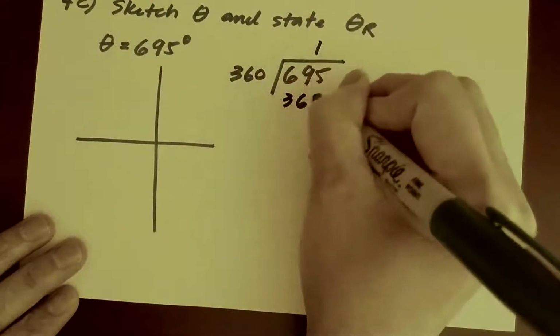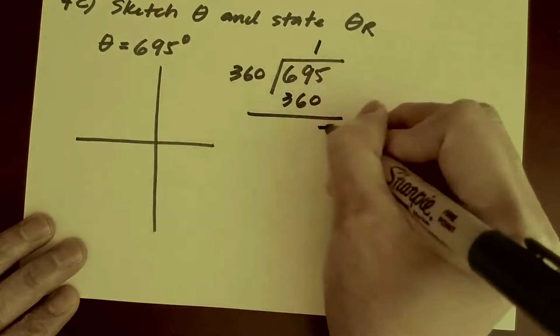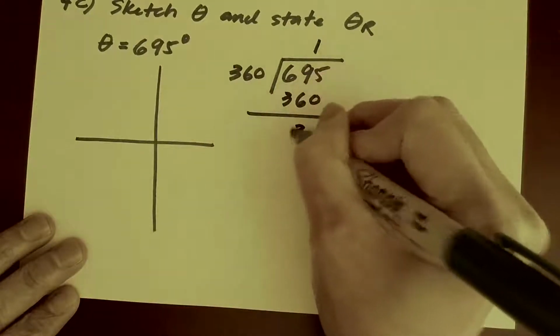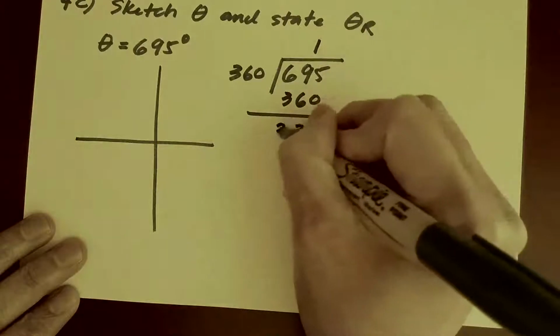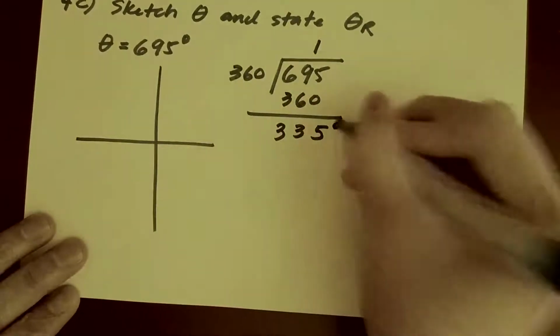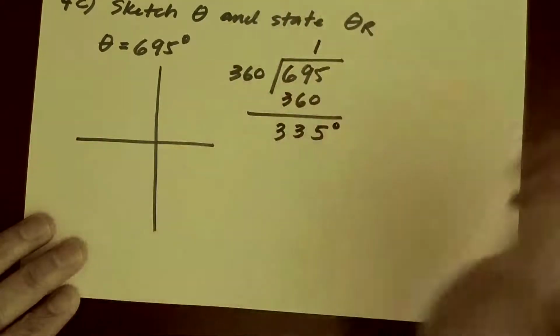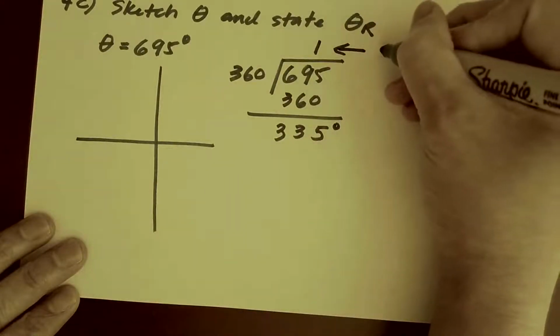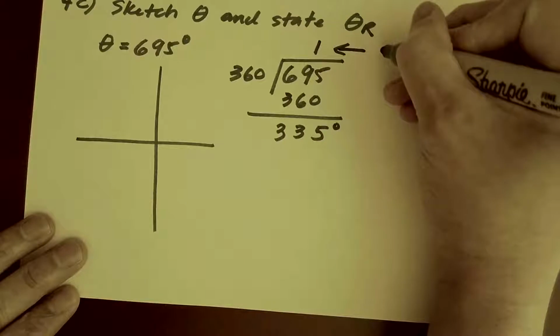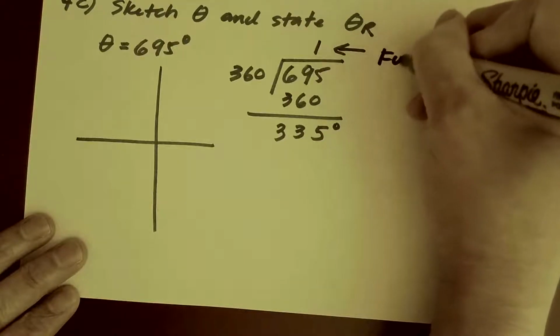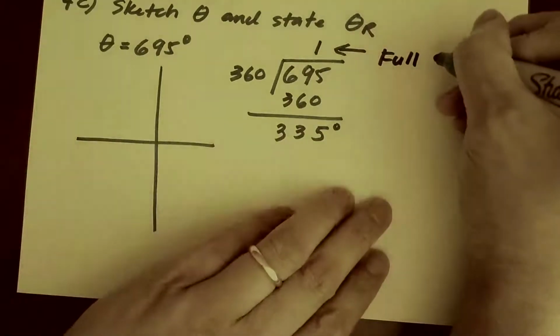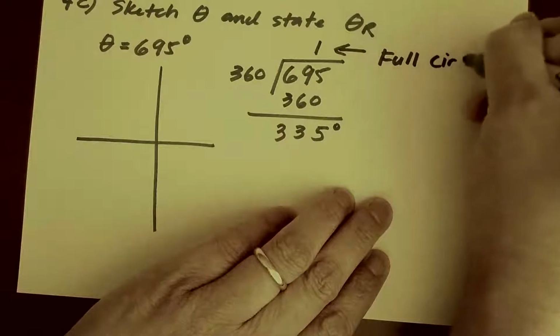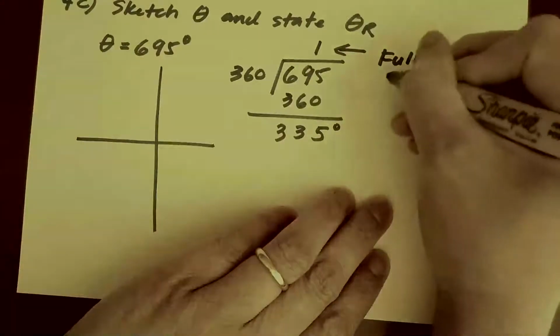So 360 over here, and that's going to be 1 with a remainder of 335. So what does that mean? What did I just do here? This 1 tells me I went full circle, or 1 revolution.